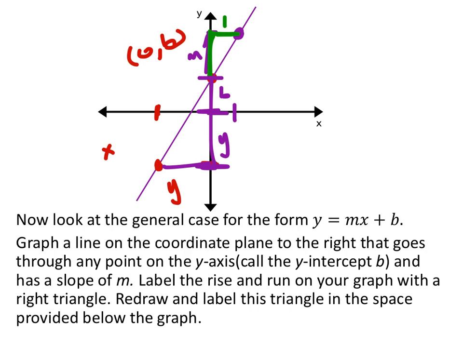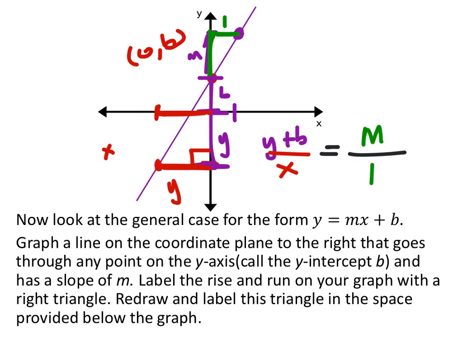So this one has a rise of y minus b, and then the run, which we can see right here, doesn't matter, we can make that a right triangle, is x. So we can make a proportion out of this with equivalent fractions because the two triangles are similar, and the green one had a rise of m and a run of 1.